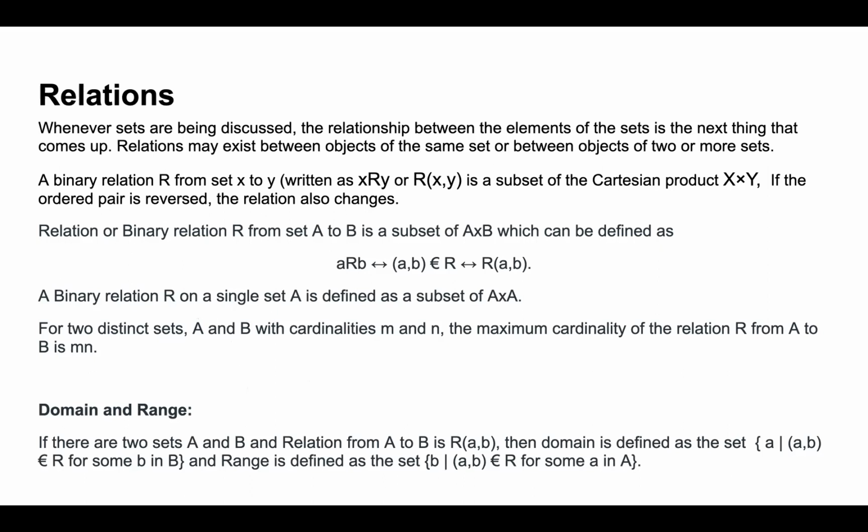In simple words we can say it like this, but in scientific writing, if there are two sets A and B and the relation from A to B is R, then domain is defined as the set of A such that (A, B) belongs to R for some B in B, and range is defined as the set of B such that (A, B) belongs to R for some A in capital A. Capital A is the set A, and small a is an element of that set.